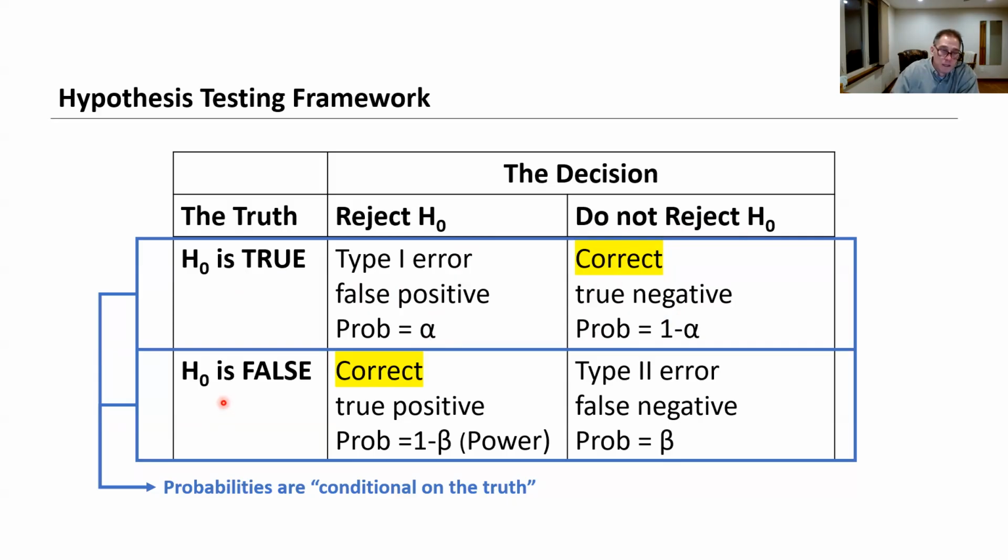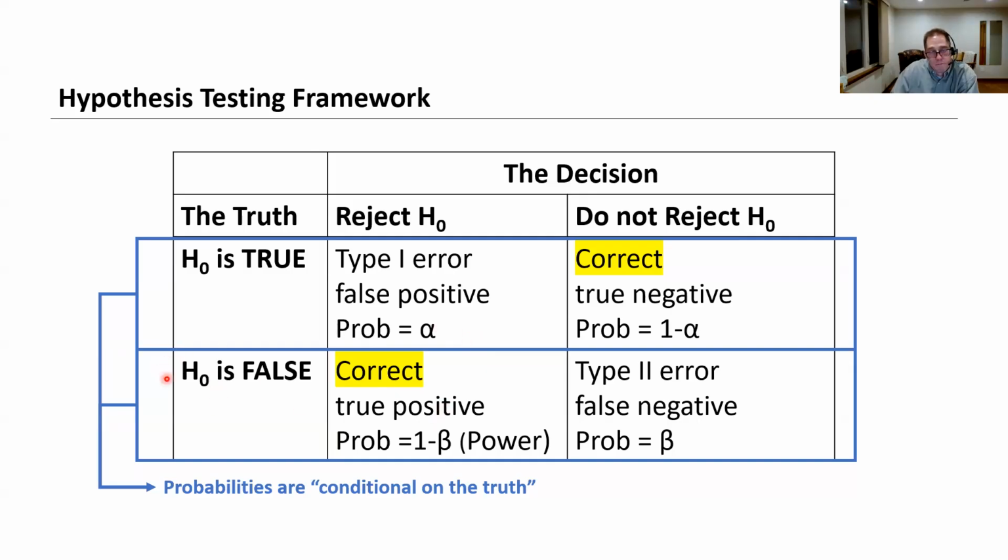On the other hand, if your null hypothesis is false, your treatment is actually effective, and your experiment rejects the null hypothesis, then you have a correct finding. This is a true positive result, and you want to have lots of power for this to happen. So you want the power number to be in the 0.8, 0.9 range, compared to an alpha number, which should be in a 0.05, 0.02 maybe range.